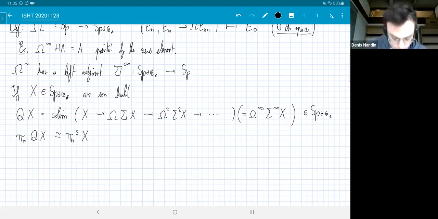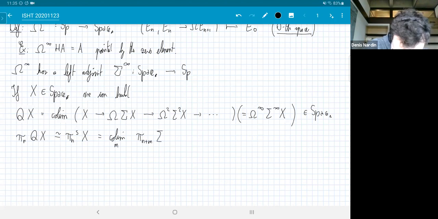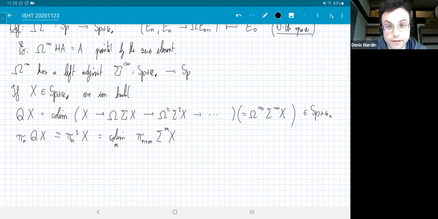If you remember, stable pi n of X was defined as the colimit over n of pi n plus n of sigma n of X. We defined it at the very end of last class, I think, because by the Freudenthal suspension theorem, when X is a finite space, this stabilizes.